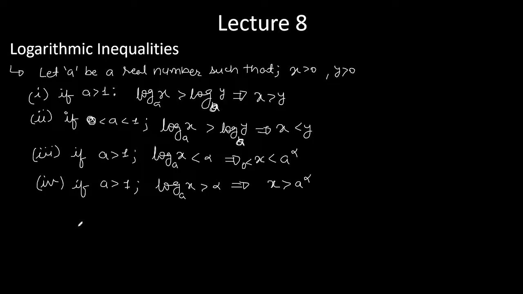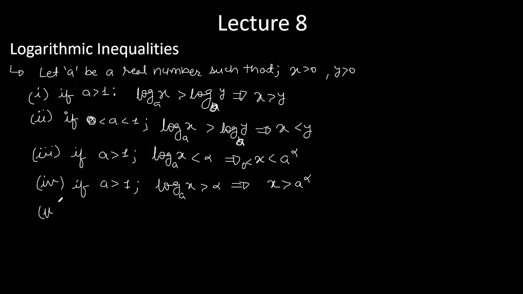So these are the very simple conditions. When the bases are the same, we have few conditions on bases. When a is bigger than 1, the inequality will remain the same. If a is between 0 and 1, the inequality will reverse. This is only what happens.